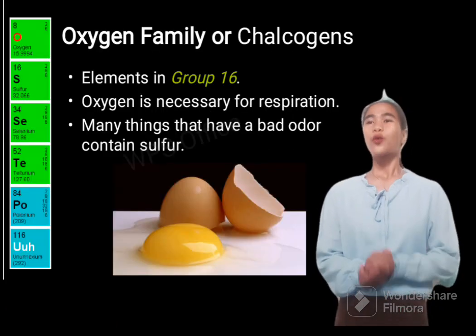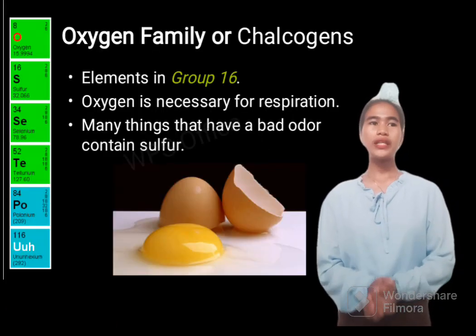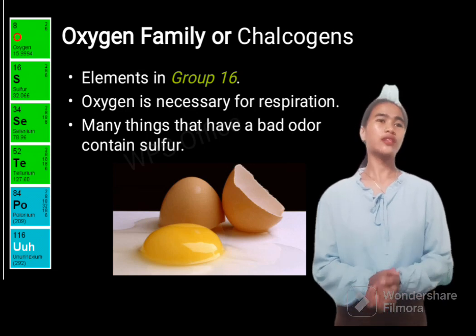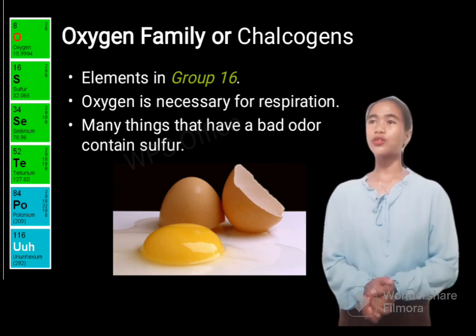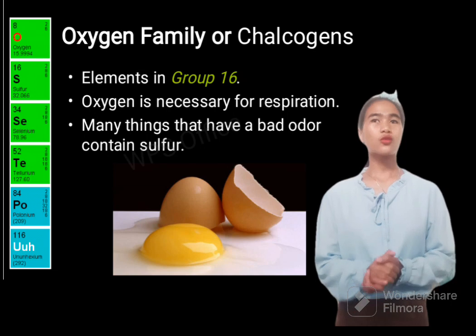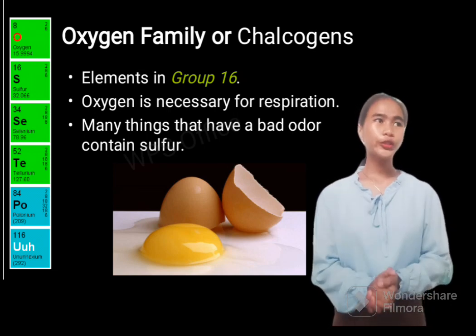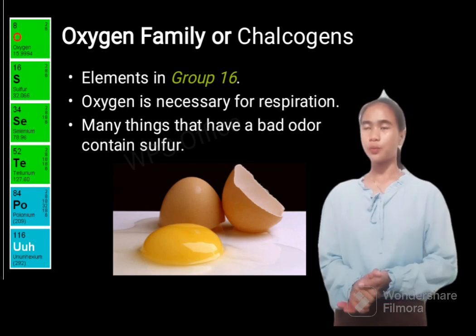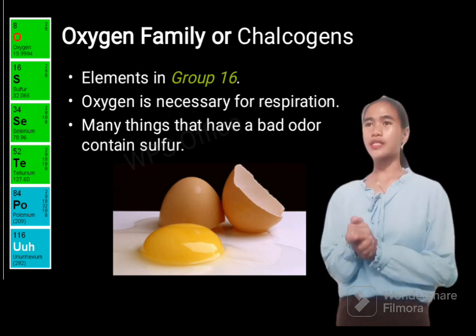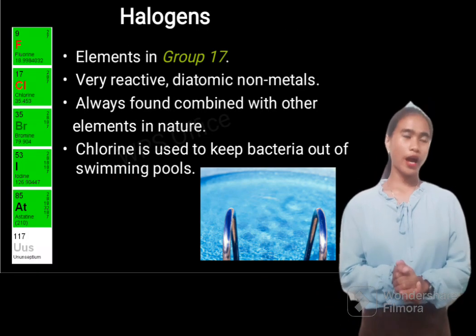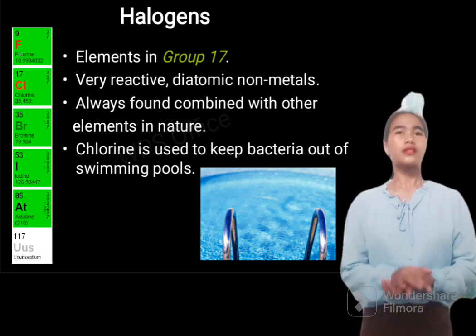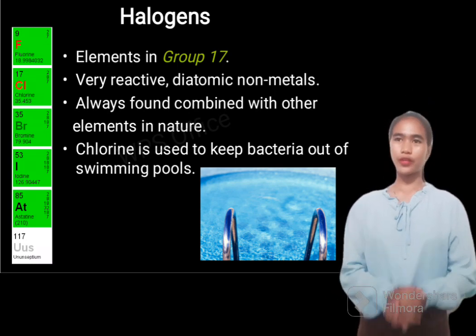So now, we have the oxygen family. First, we have oxygen that is of course necessary for respiration. The next are sulfur, selenium, tellurium, polonium, and ununhextium. These are elements in group number 16. And now we have the halogens. These are elements in group number 17.